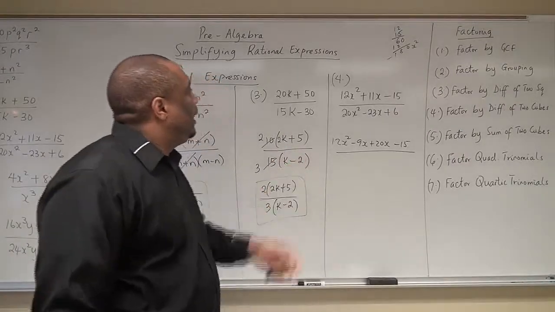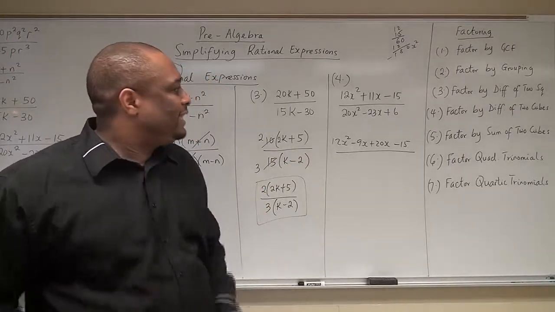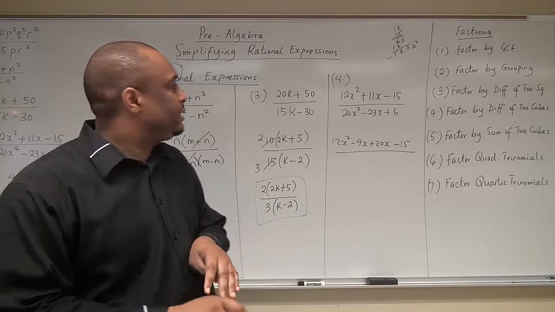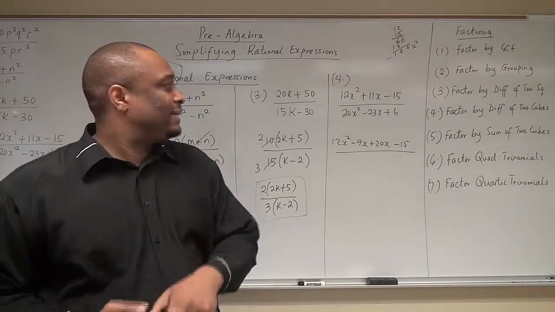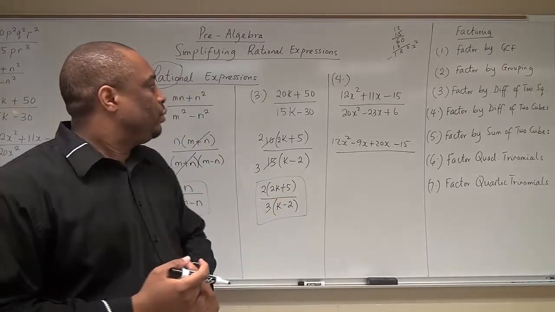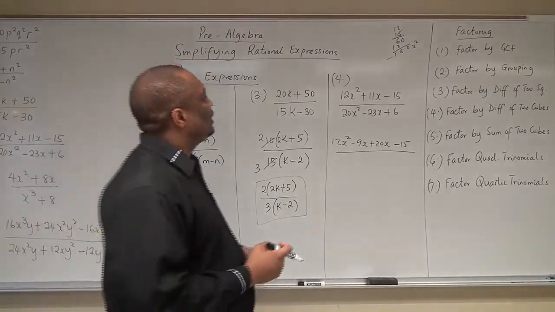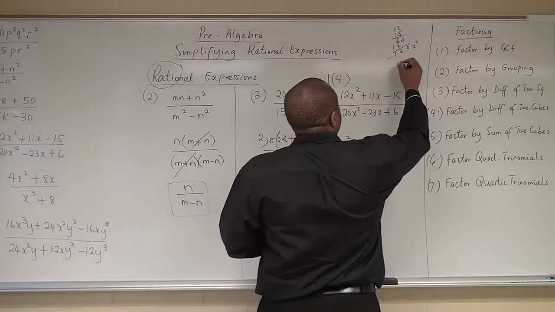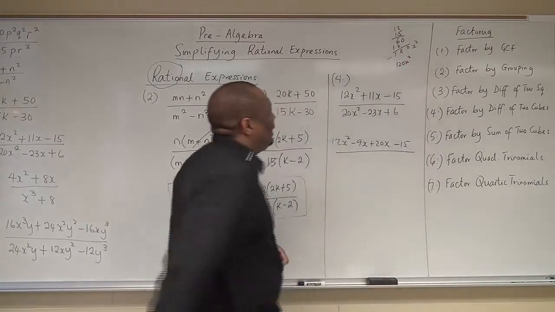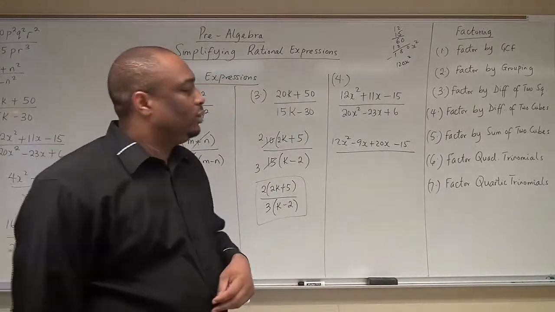over the denominator. Can we factor by GCF to simplify it first? No, because of 20, 23, 6. 23 is a prime, so we cannot. So we multiply the first and third term. That gives us 120x squared. 2 and 60 will not work.